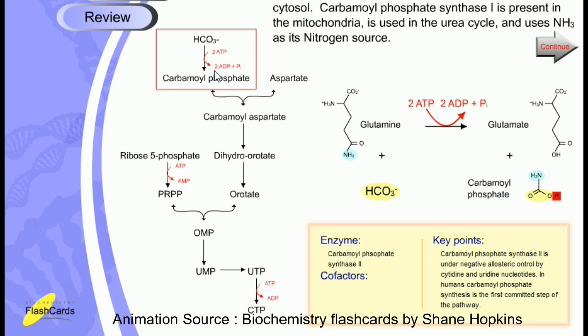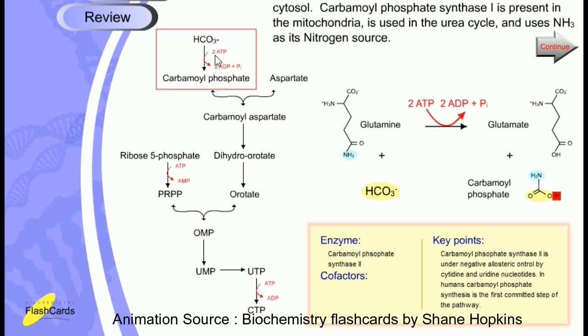The first step is the preparatory step, and in this case they produce carbamoyl phosphate using bicarbonate and glutamine.